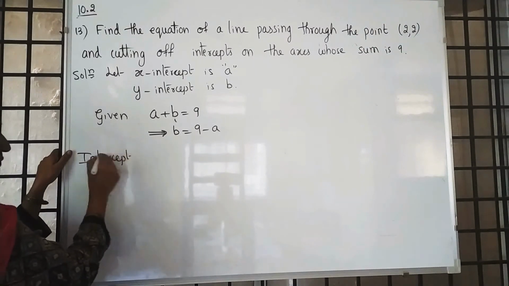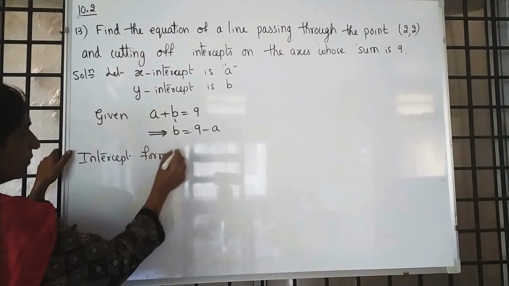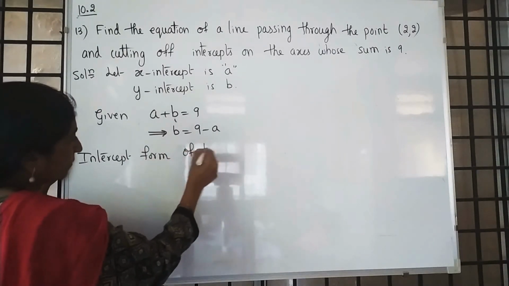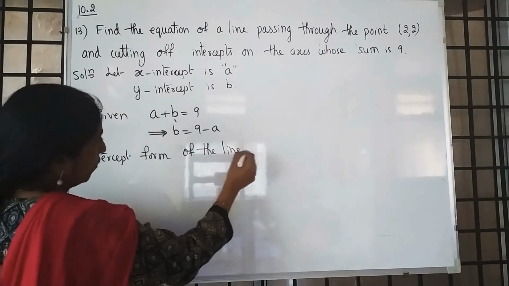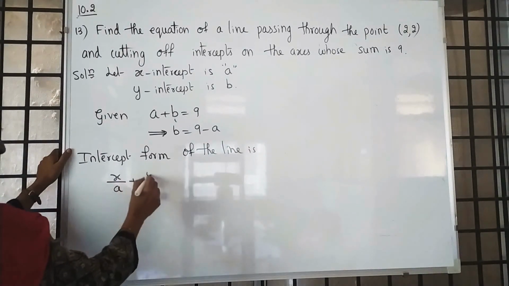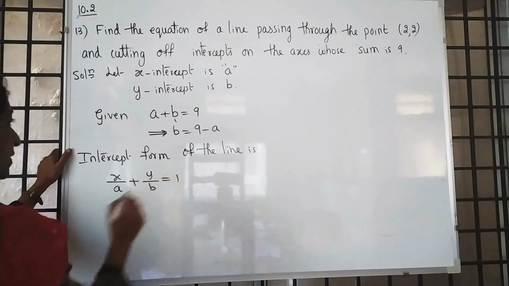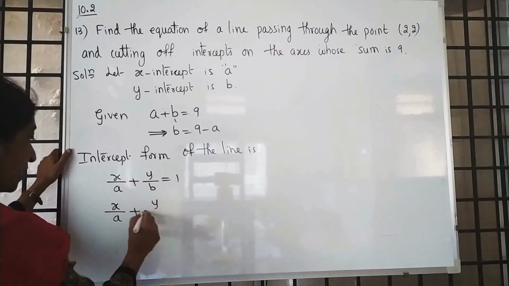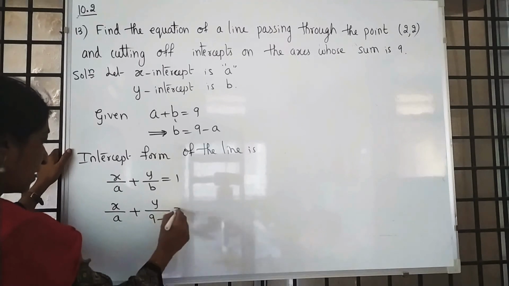Intercept form of the line is x upon a plus y upon b is equal to 1. x upon a plus y upon 9 minus a is equal to 1.